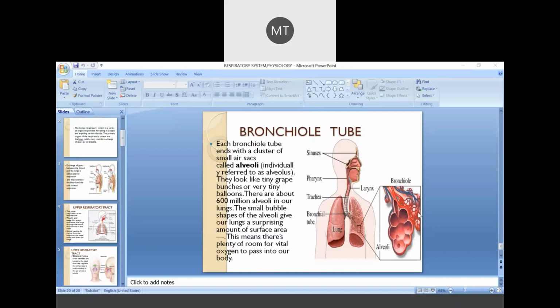What gas do we inhale and what gas do we exhale when we breathe? Oxygen, carbon dioxide. Oxygen and carbon dioxide. Okay, but what we inhale and what we exhale? We inhale oxygen and expel carbon dioxide. Okay, very good.